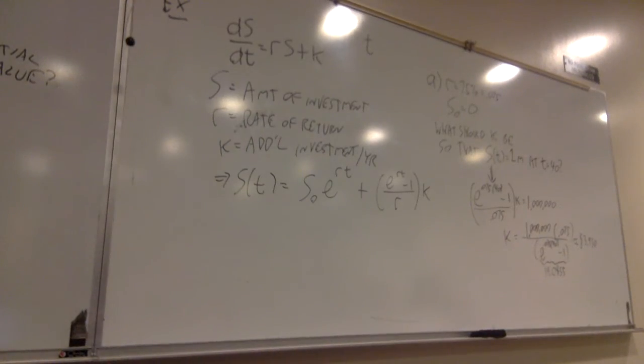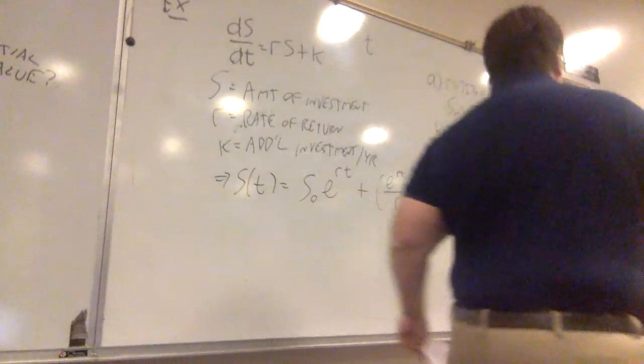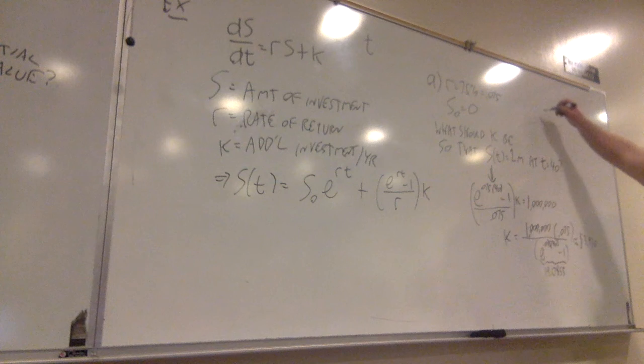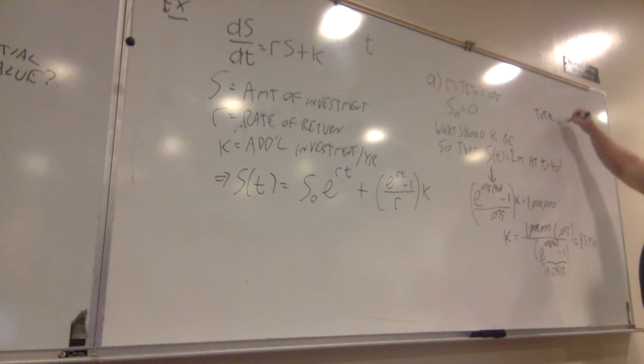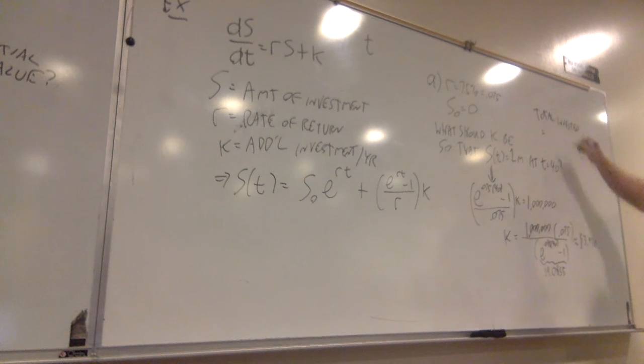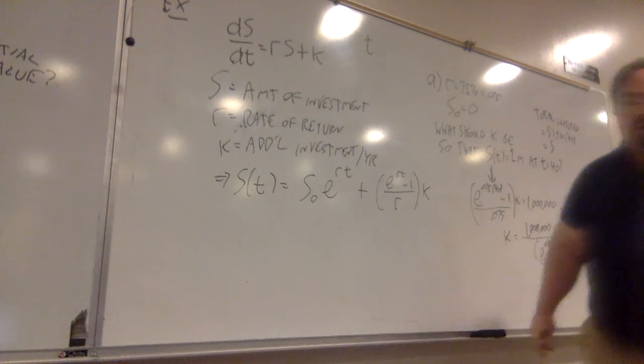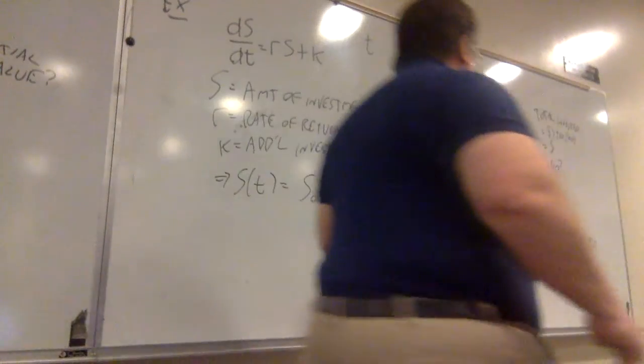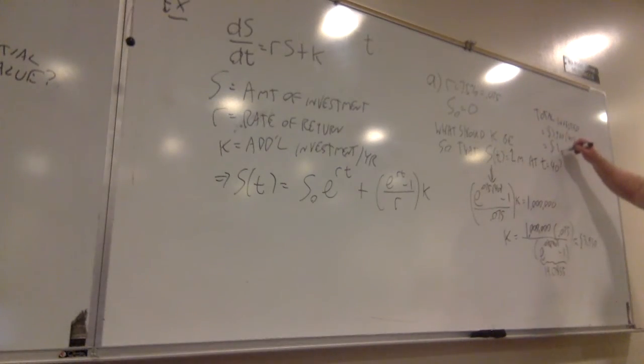Now, that's that much every year for 40 years. So the total you actually dumped in is equal to this amount, 3,930 times 40, which is equal to 157,200.